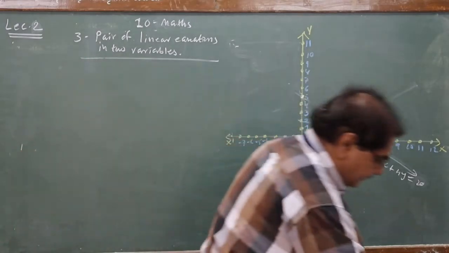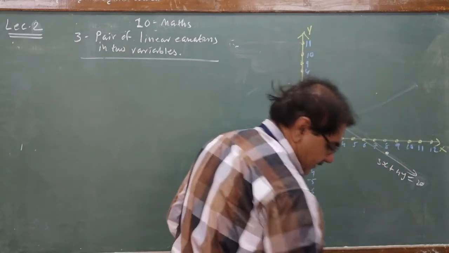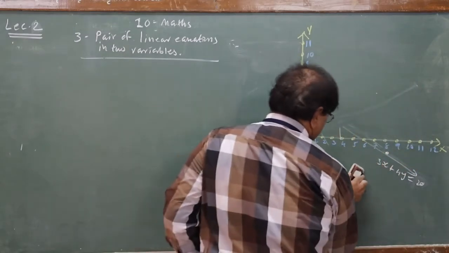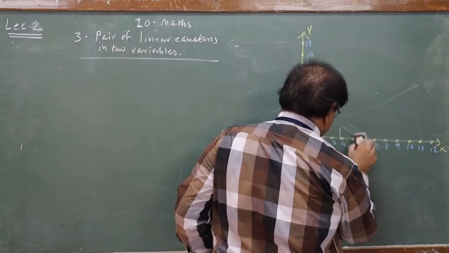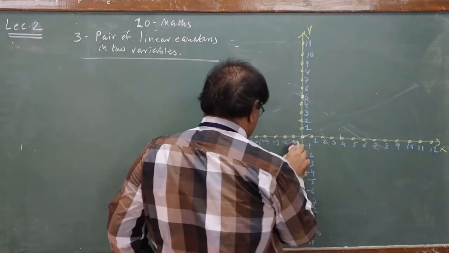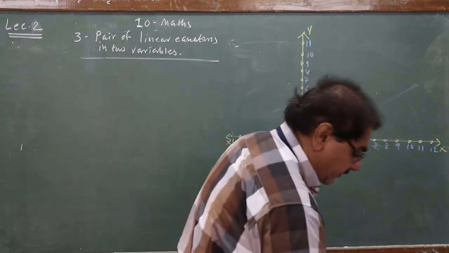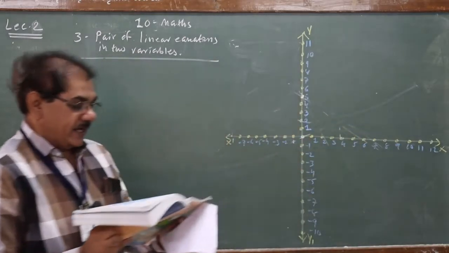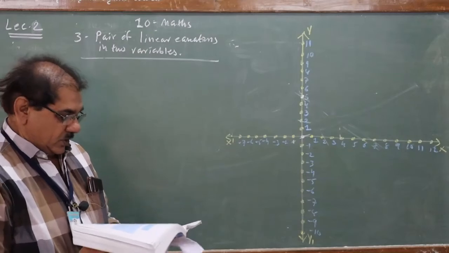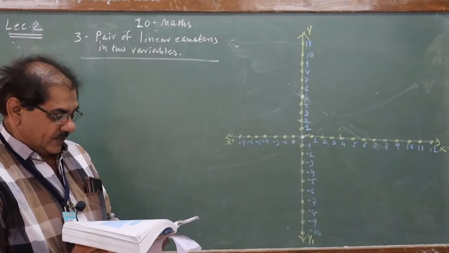I read the question and then we form the equations, and afterwards we draw the graph for it. So the question is somewhat like this. On your page number 42, example 2. Romila went to a stationery shop.